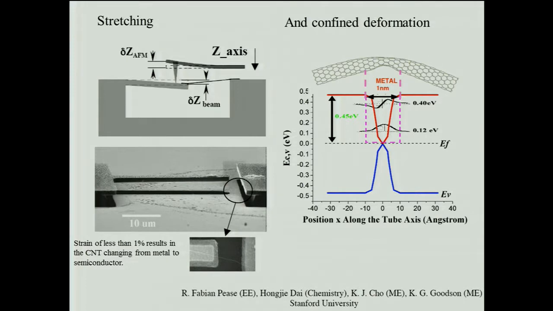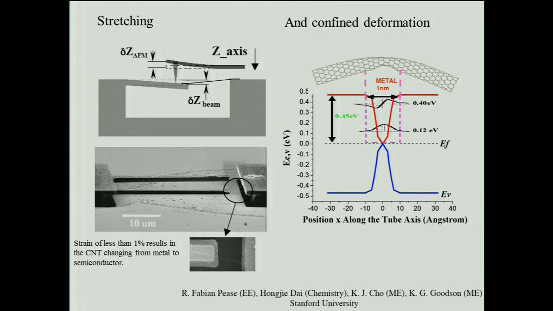This is another very important result. One way of changing carbon nanotube from metallic to semiconducting is how you make it. But suppose you already have a carbon nanotube which is already a certain type, already a metal.